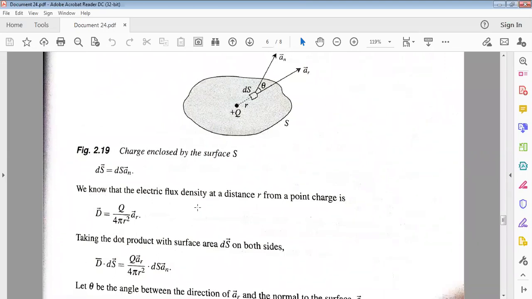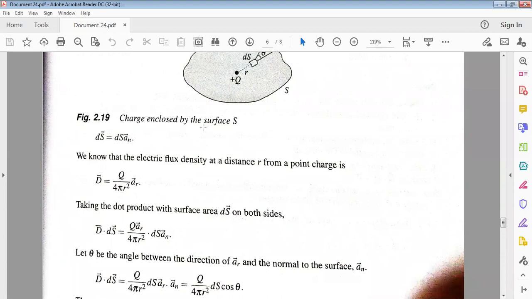As we know, the electric flux density at a distance r from the point charge Q, from the fundamental definition, is D equal to Q by 4 pi r square. Did you understand? Step one is to find dS, the second step is to find D, and the third is D dot dS. Here we consider an arbitrary, or simply differential, form, that's why dS equals dS in the direction of an.